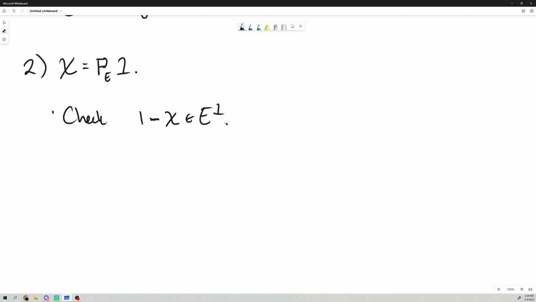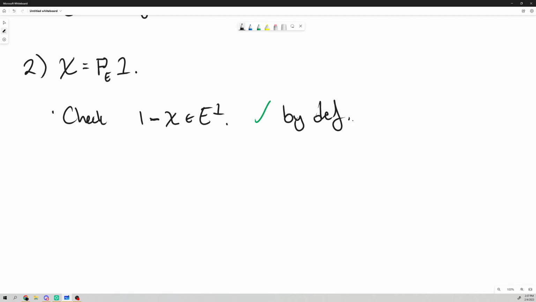Well, yes. If chi is equal to the orthogonal projection of 1, then 1 minus chi is an element of the orthogonal complement. That's easy, just by definition.